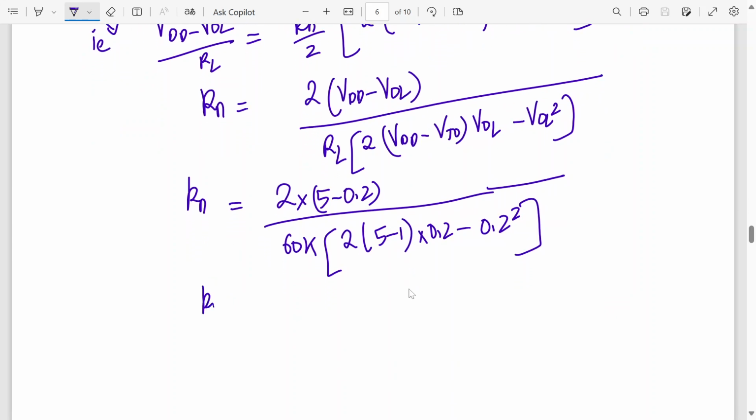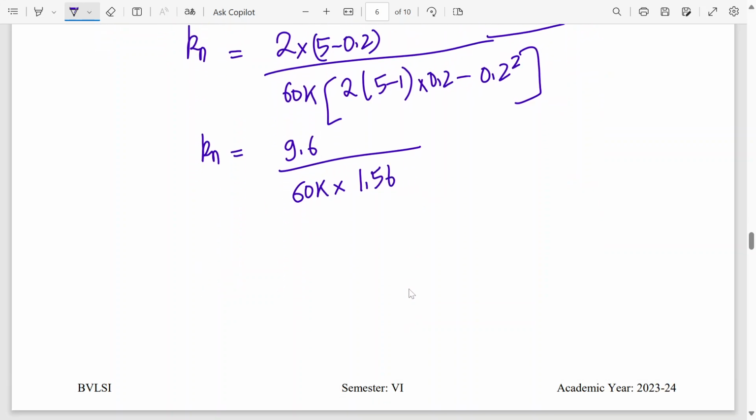Solve it further, you will get 9.6 upon 60k into 1.56. So the value of Kn is 102.564 microampere per volt square.